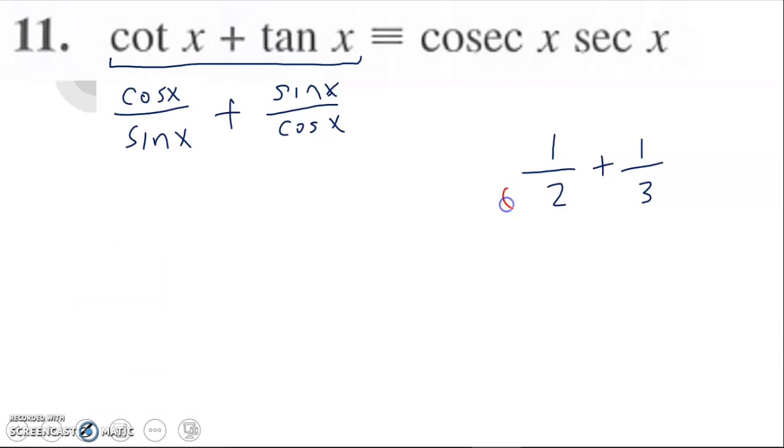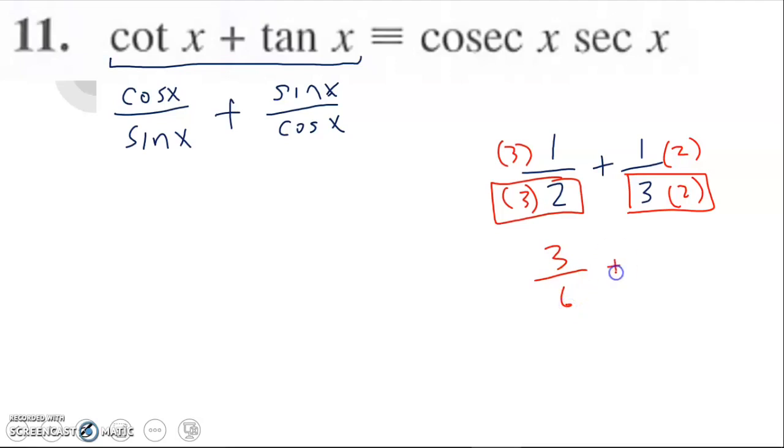So I would multiply this side by 3 and this side by 2 to make sure they have the same denominator. That way 3 over 6 plus 2 over 6, I could find out that's actually 5 over 6. That's exactly what I'm doing here.